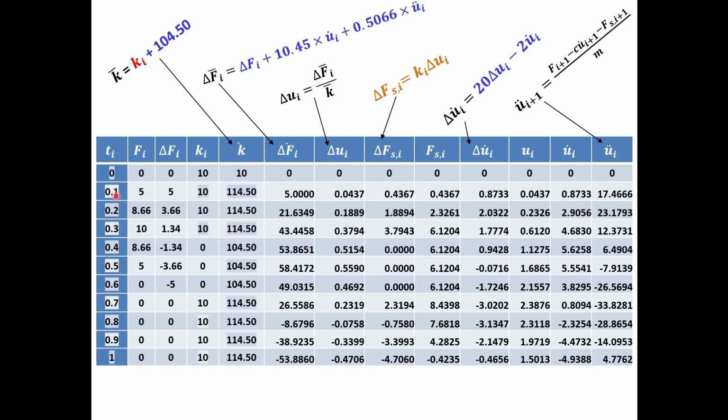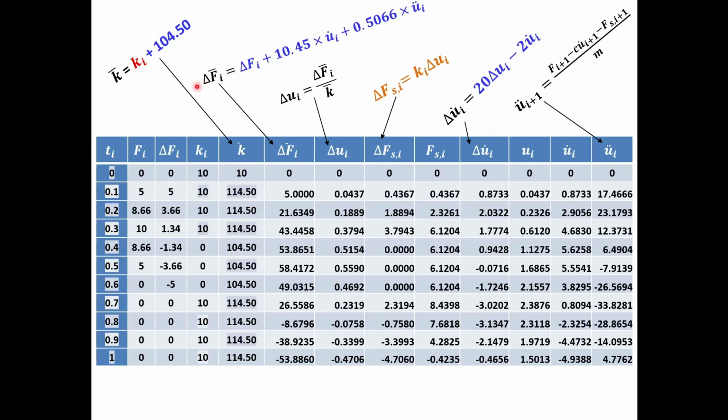Go to next time station, 0.1 second. My force is increased to 5 from the half sinusoidal excitation given. The value is 5 here at 0.1 second. So increase in the external force is 5 minus 0, 5, and initial stiffness remains the same, so 10, and K bar from this expression comes out to be 104.5.